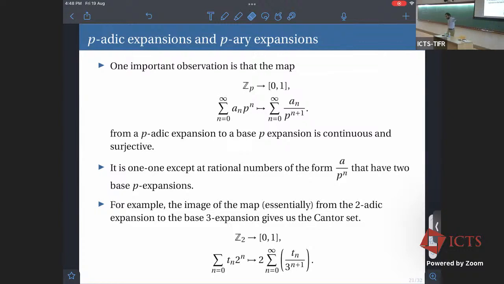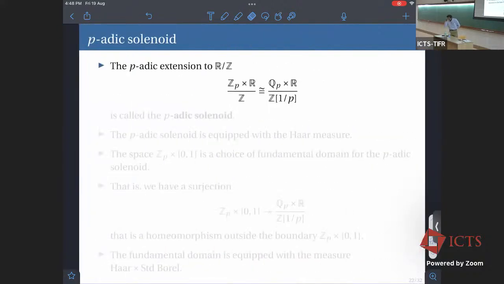So this map from Z_2 to [0,1], where you send a 2-adic expansion to a base 3 expansion, essentially gives you the Cantor set. These maps may look weird, but we have already seen them in real analysis. So this motivates us to look at this.